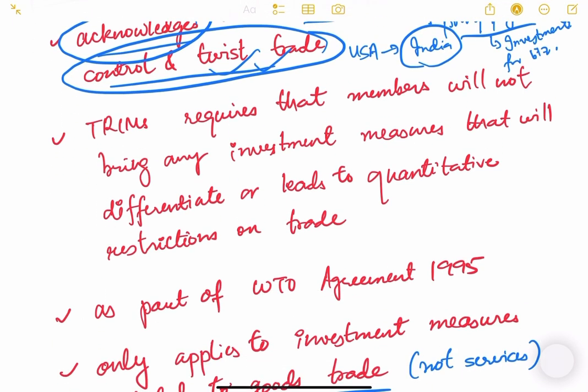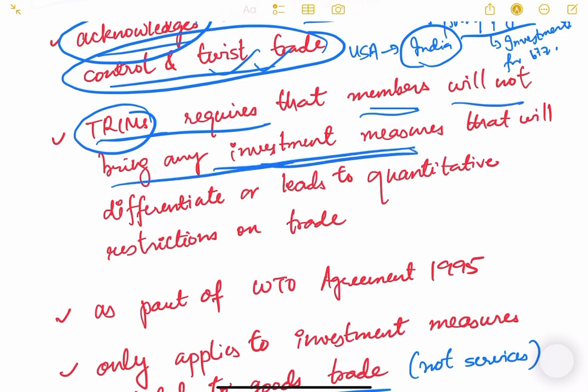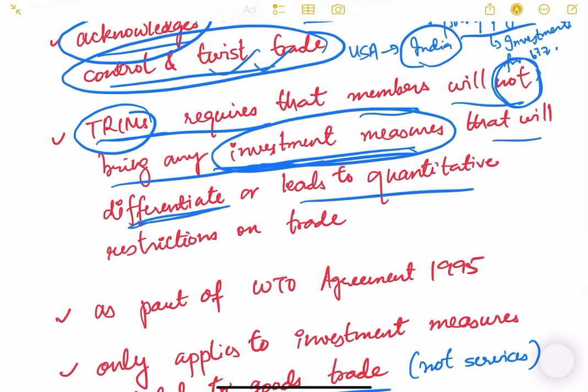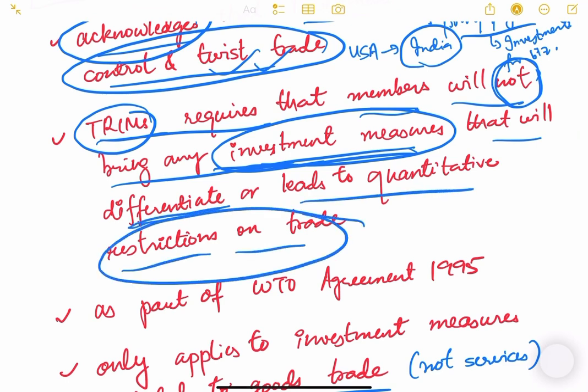Then, what does the TRIMS agreement require? TRIMS requires that the member countries of WTO will not bring any investment measures, it is prohibited, meaning any such rule or requirement that will differentiate or lead to quantitative restriction on trade. A country may not be directly imposing any trade barriers, but because of these investment measures, such barriers are getting created indirectly.